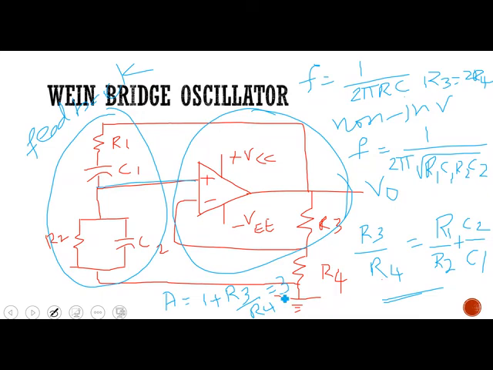It is derived in the same way as we derived for the RC phase shift oscillator by considering this series combination of R1 C1 and this parallel combination of R2 C2. So in this, the non-inverting amplifier gain should be a minimum of 3 to sustain the oscillations. So designing is, assume a value of the capacitor which is C, find the value of R. We can make R1 equal to R2 equal to R, C1 equal to C2 equal to C.